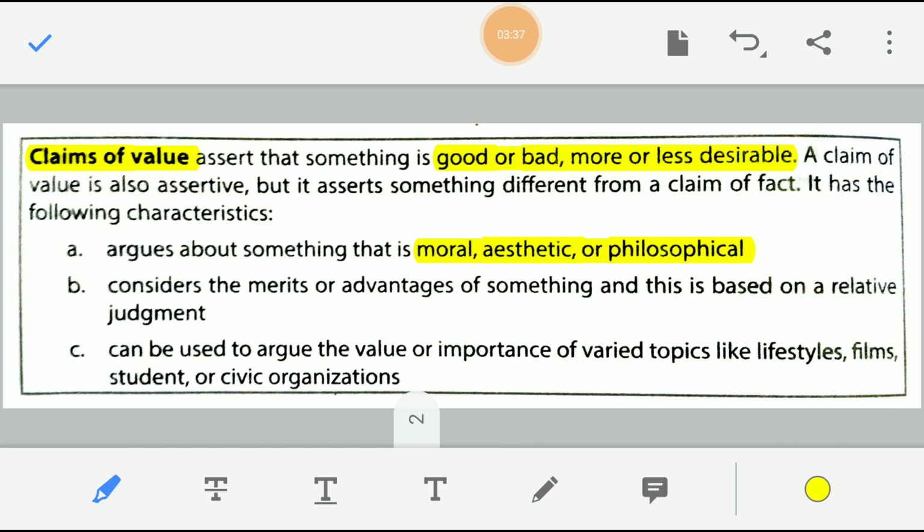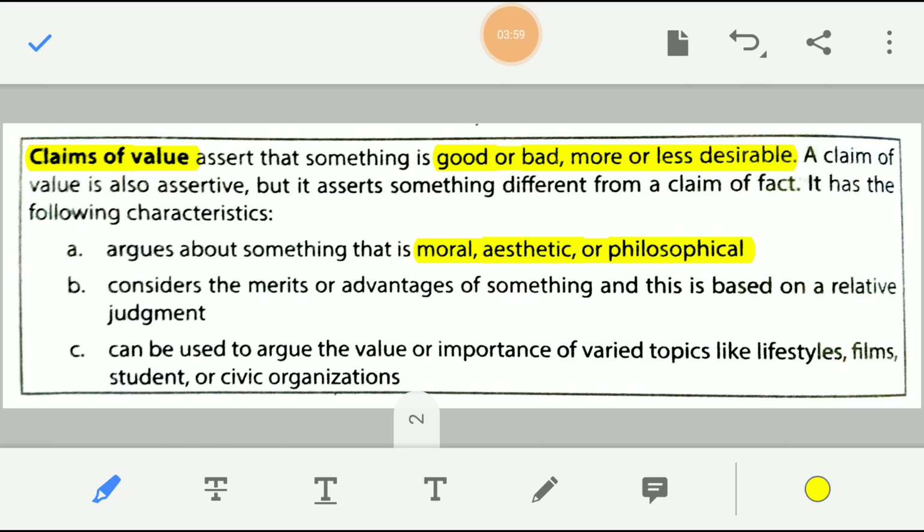Philosophical, it has something to do with the principles. Ano ba ang filosofiya mo o pinaniniwalaan mo? So if a statement has something to do with the question of morality, aesthetic, what is beautiful, or what has to be followed, or what the people believe in, then that is a claim of value.